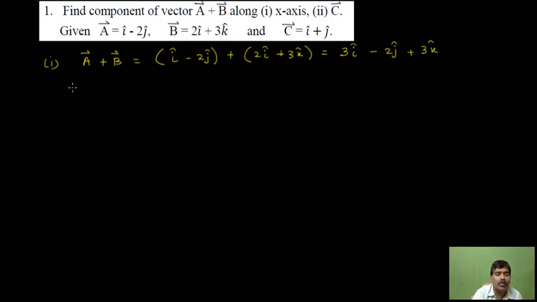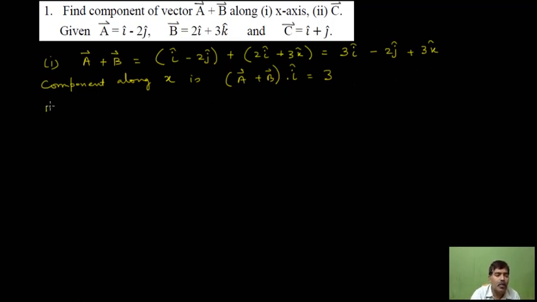So component along x is a plus b dot i cap. Okay, so that's 3, because i dot j is 0 and i dot k is also 0. You can see the lectures on dot product.